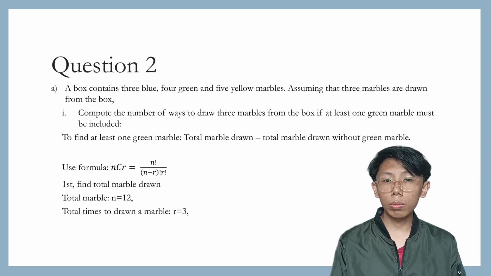Now, to find the total marbles drawn, we must use the formula nCr equals n factorial divided by bracket n minus r bracket factorial r factorial. The n is the total marbles being used to draw, while the r is the total number of draws.